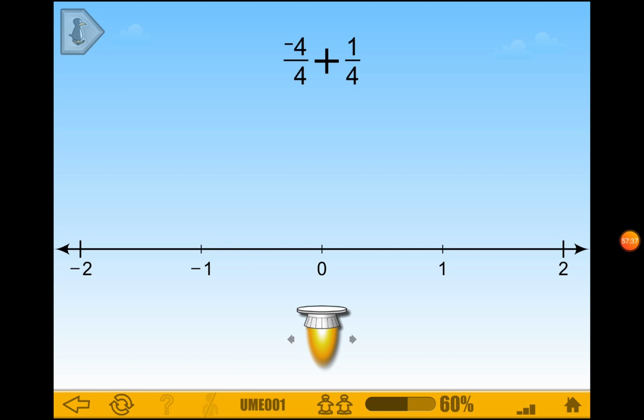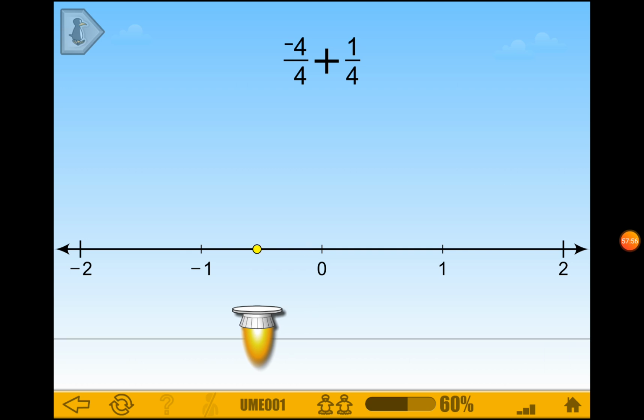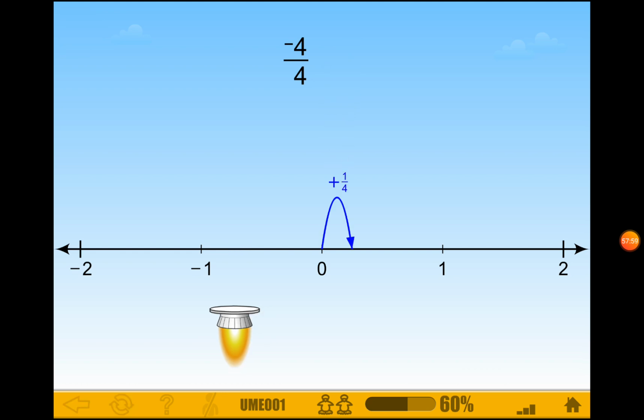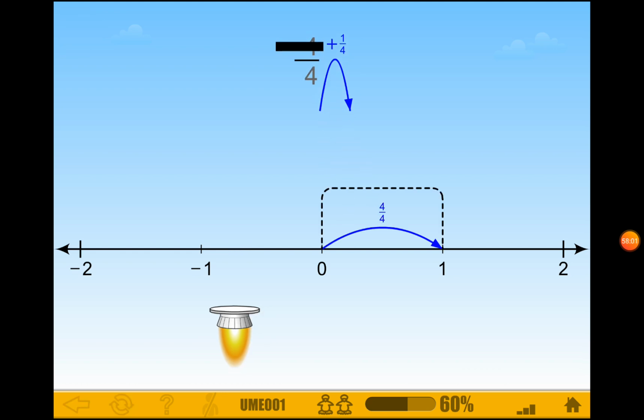Okay, now we have negative 1. So negative 4/4 is equal to negative 1. Negative 1 plus a quarter. So negative 4 plus 1 is negative 3, and then the denominator is the same, so that's negative 3/4, which is right there. Big jump.